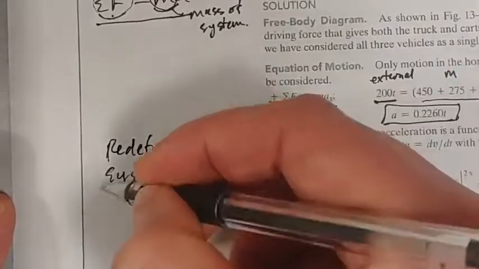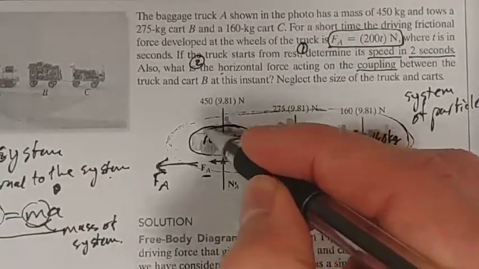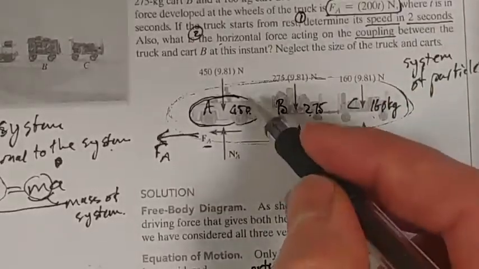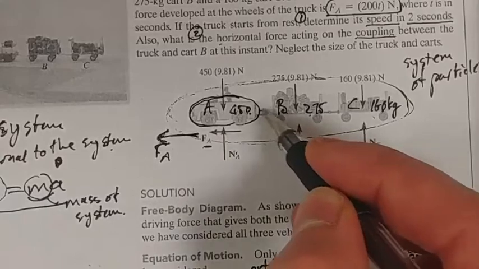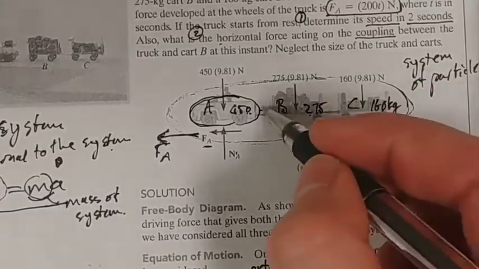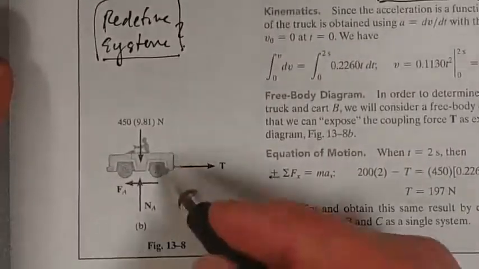Our new system is just going to be this first particle. Because why? Because when we redefine that, we expose, so to speak, the force between these two particles. So there we go.